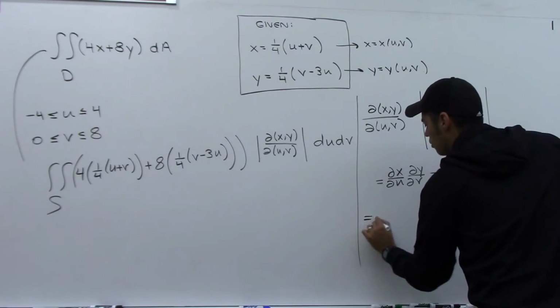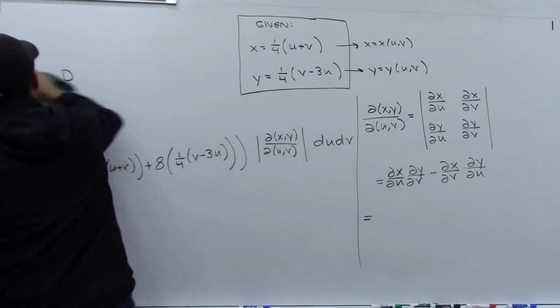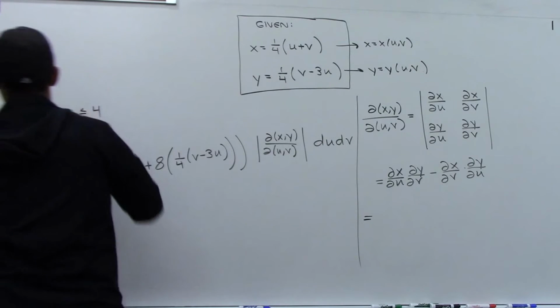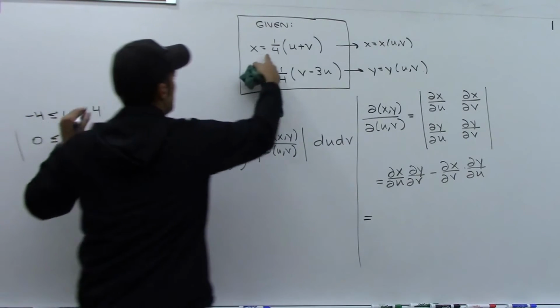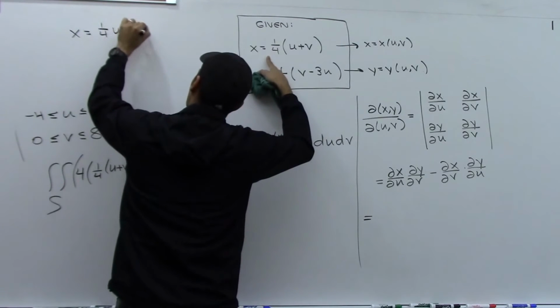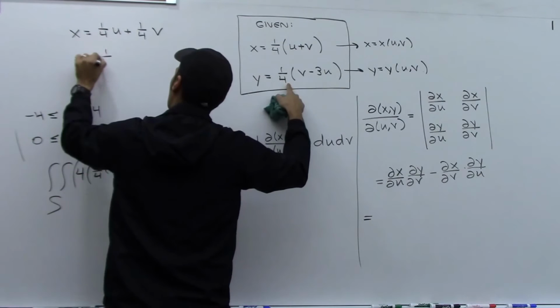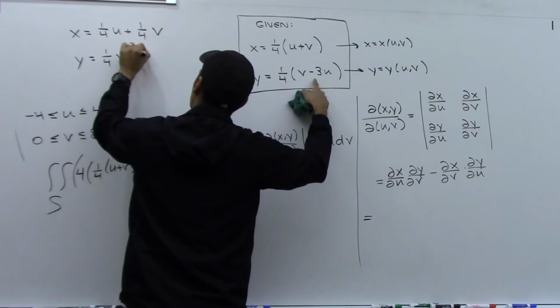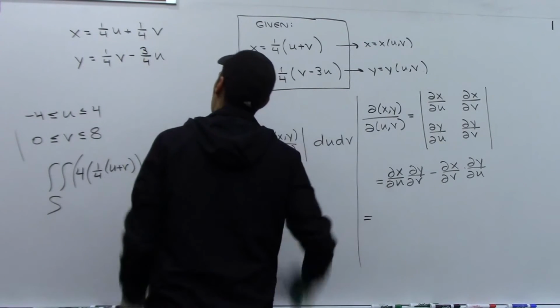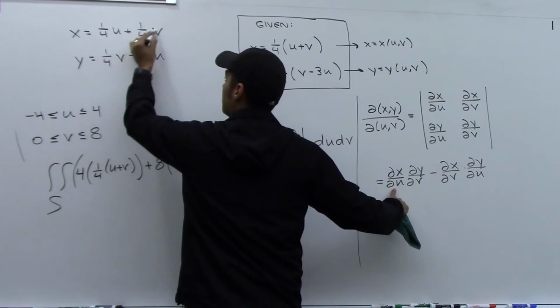What is the partial of x with respect to u? So here's my x. Let me just distribute that 1/4 through. 1/4 u plus 1/4 v. Y is equal to 1/4 v minus 3/4 u. All right, so what is the partial of x with respect to u? So this is a constant.